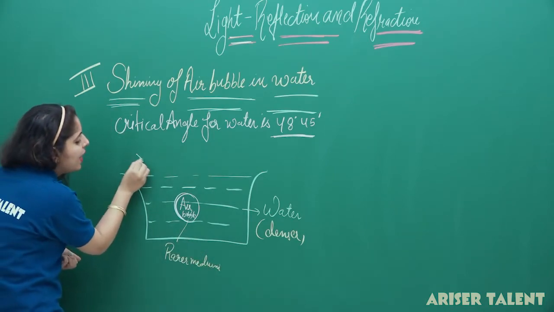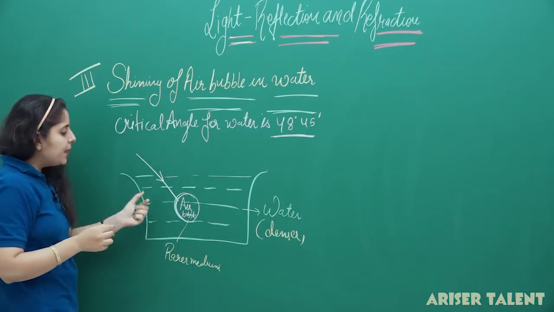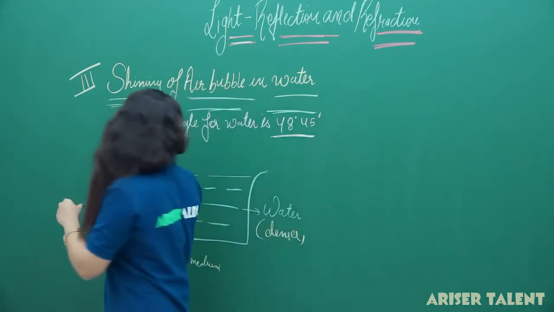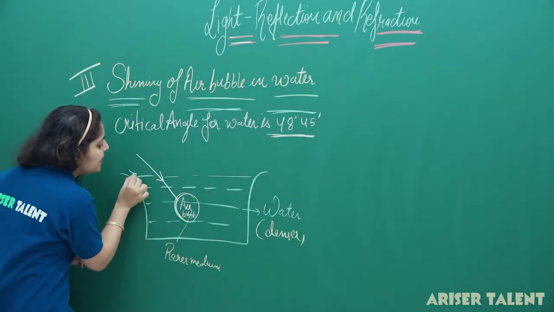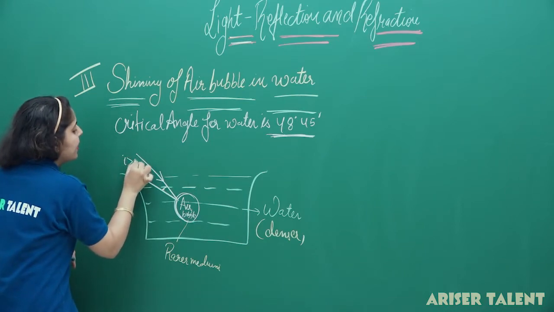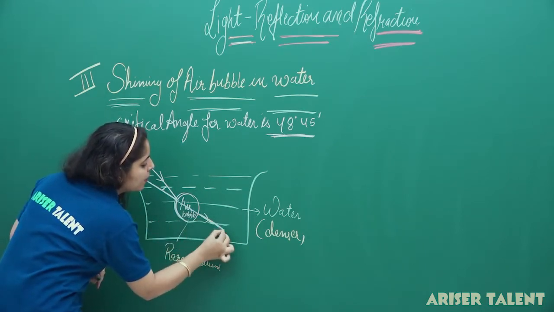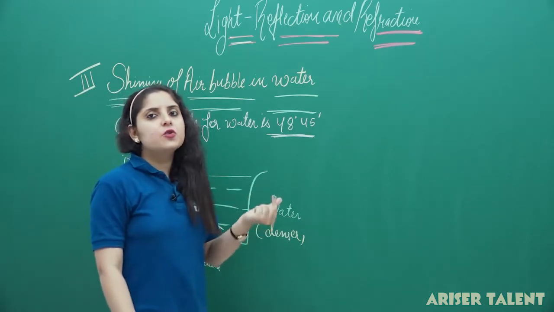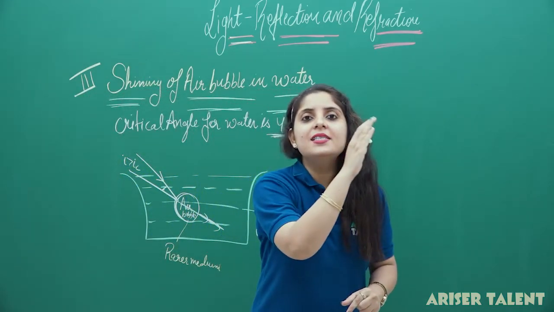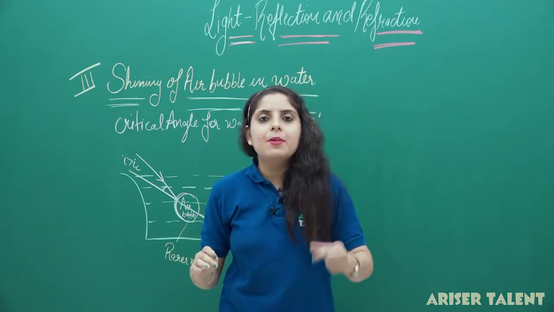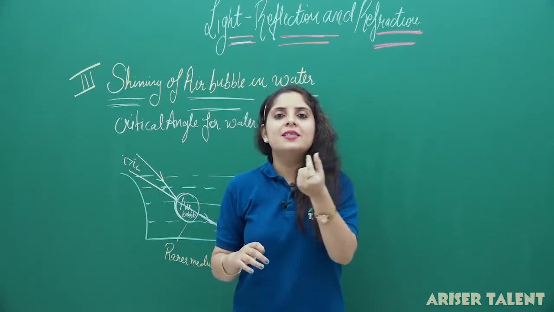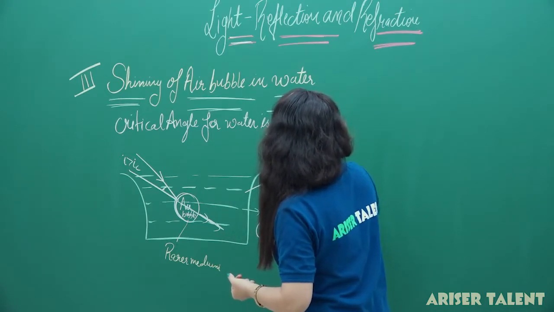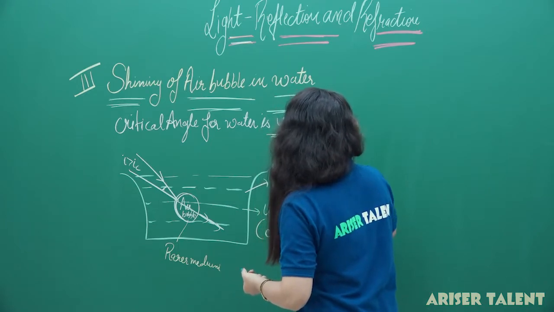So when a ray of light is incident from denser to rarer medium at a particular value where the angle of incidence is greater than the critical angle, which is 48 degree here, the bubble is going to shine because it will undergo total internal reflection.